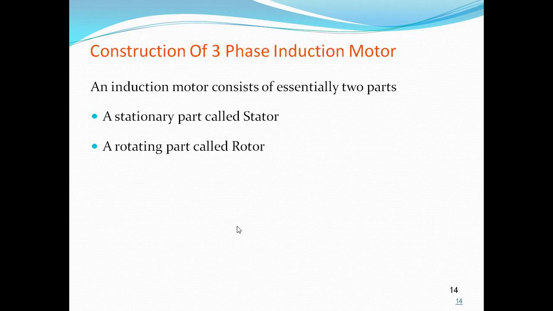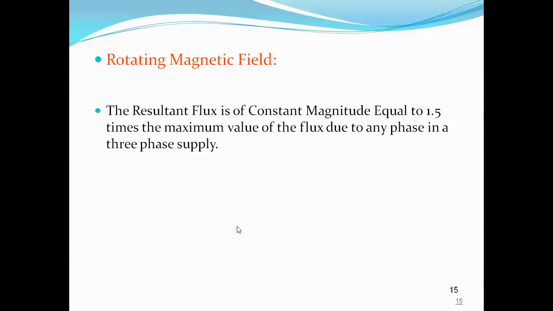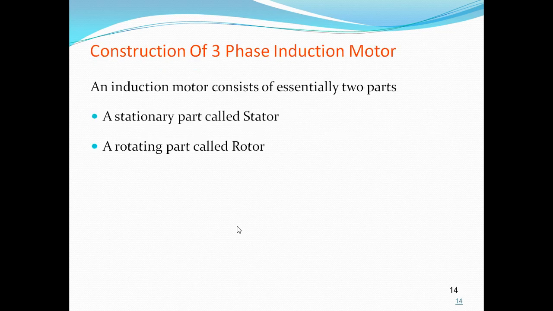So the resultant flux is of constant magnitude, that is 1.5 times the maximum flux at any instant.